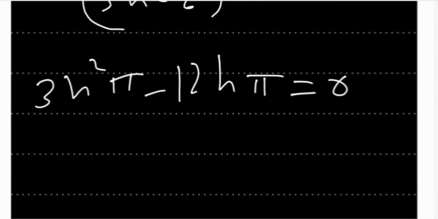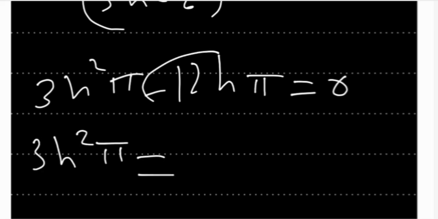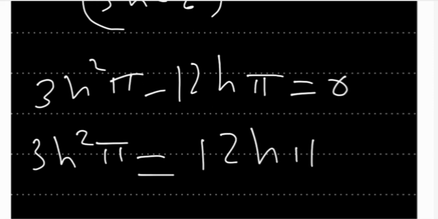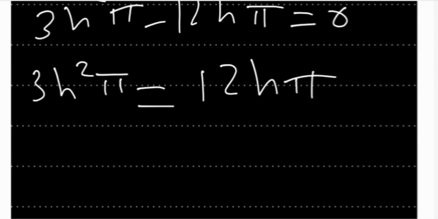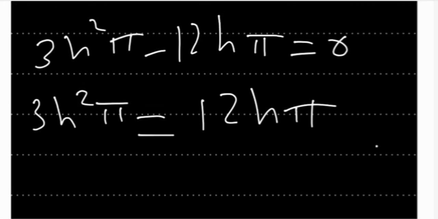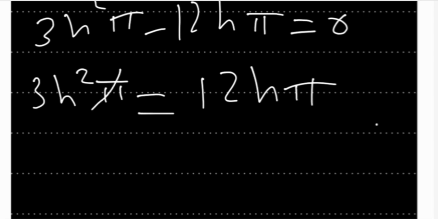So we will have that 3h²p is equal to, this will go to the other side, positive 12hp, okay? So p divided by p will cut, and 3 divided by 12, so we will have that h² is equal to 4h.